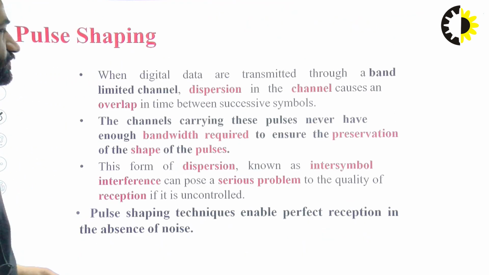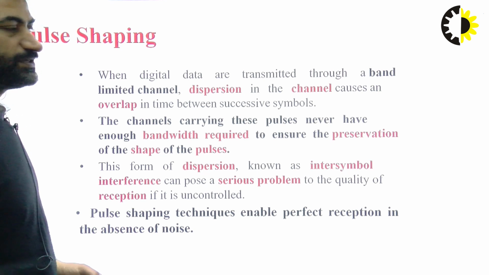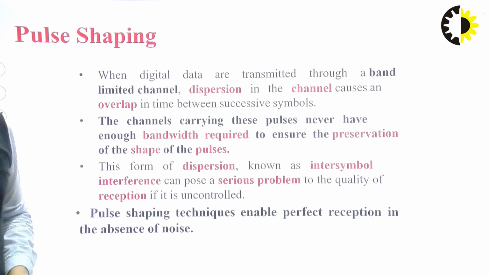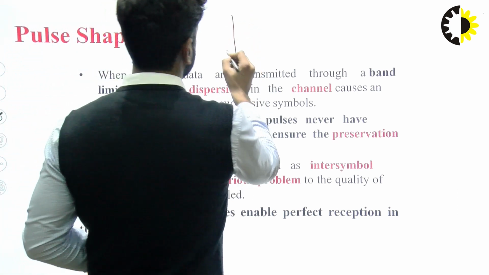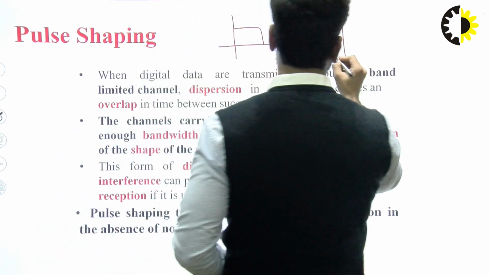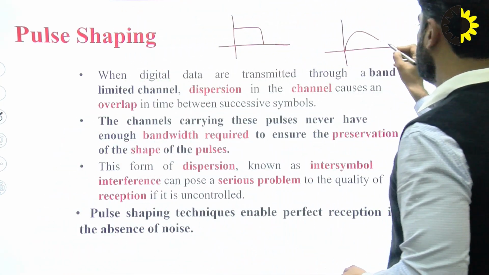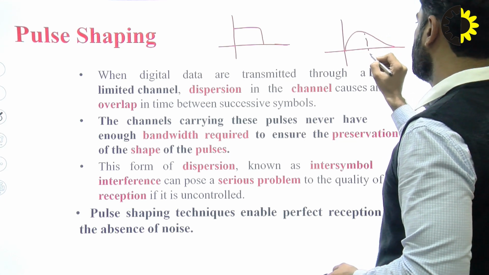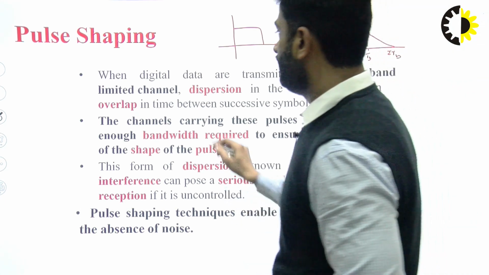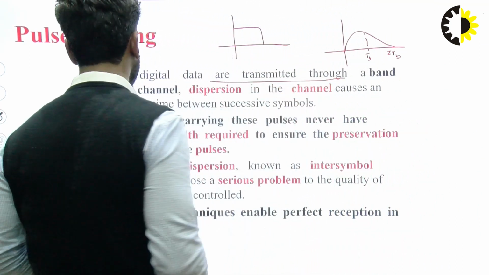Now next is our pulse shaping. Now, what is pulse shaping? When digital data are transmitted through a band limited channel, dispersion in the channel causes an overlap in time between successive symbols. Like if we are transmitting one pulse, now this pulse will be spread out beyond its time period T_B to 2T_B.